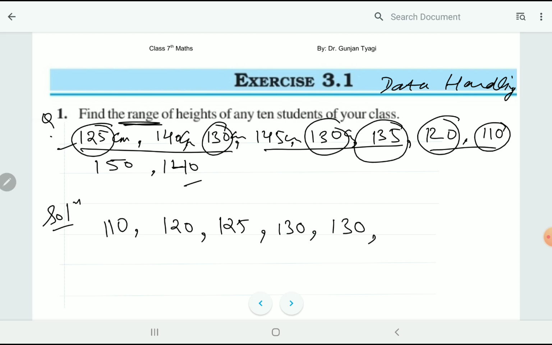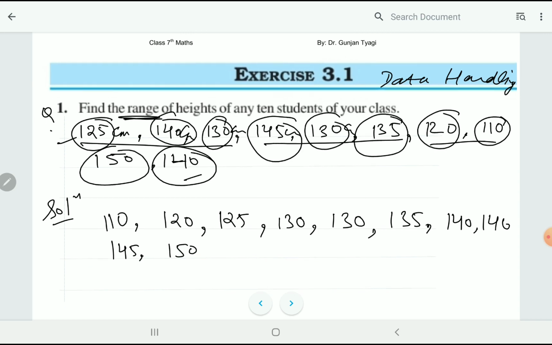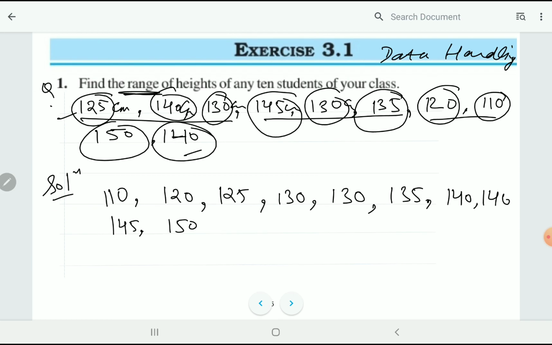After that 135, then 140, which is again twice, so I will write it two times. After that 145 and 150. So these are the heights of 10 students of class 7th.